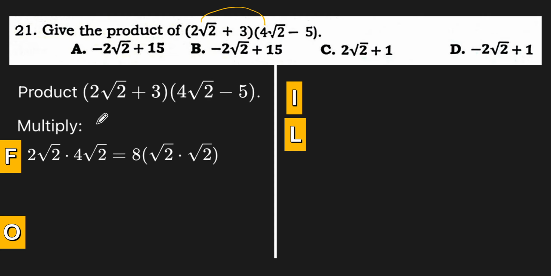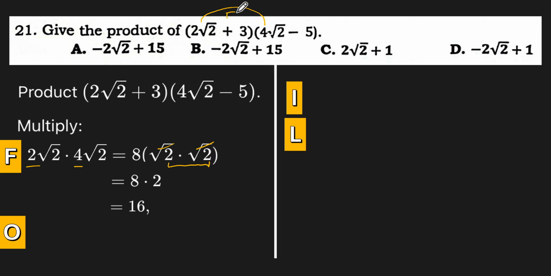To simplify it, 2 times 4 is 8, and square root of 2 times square root of 2, I think we can just cancel because they have the same value. So 8 times 2 would be remaining. Or you can multiply them: 2 times 2 is 4, square root of 4 is 2, and then the answer would be 16. 8 times 2 is 16.